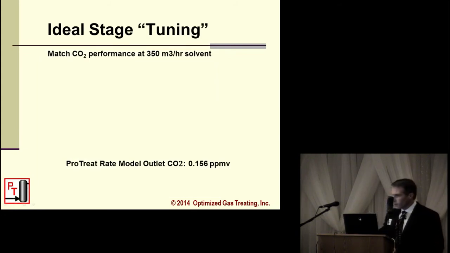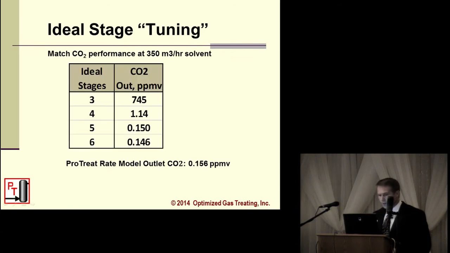So if I were going to do it the way I started out my engineering career, if this were a real plant or a solvent vendor's run I was trying to match, what I would do is vary the number of ideal stages at this solvent rate until I matched the vendor's result or what my plant analyzer was measuring. In this case, ProTreat's rate model was showing less than a ppm by volume of CO2 out.